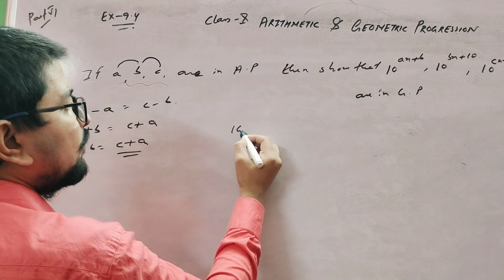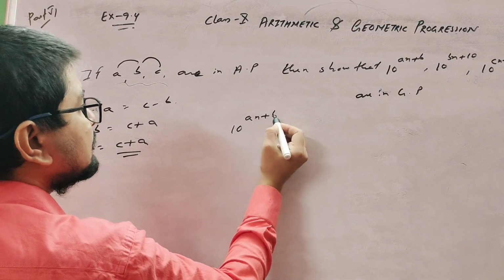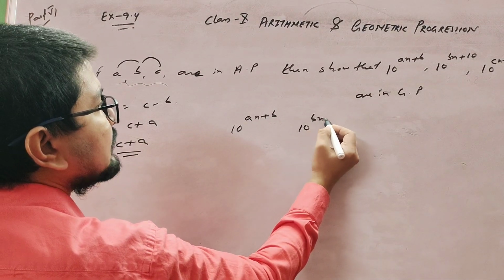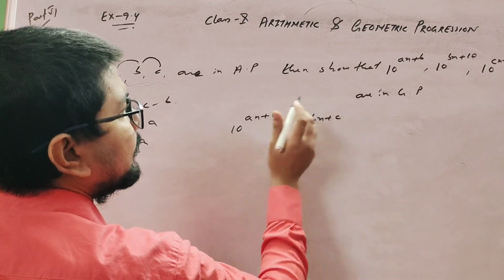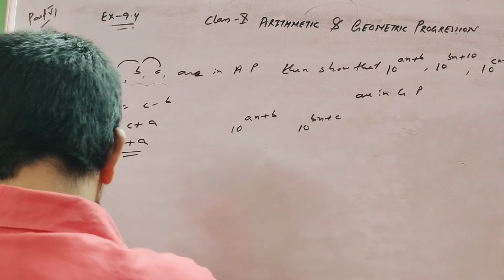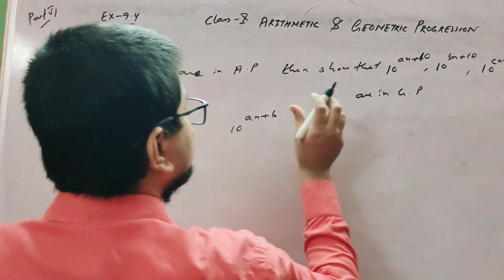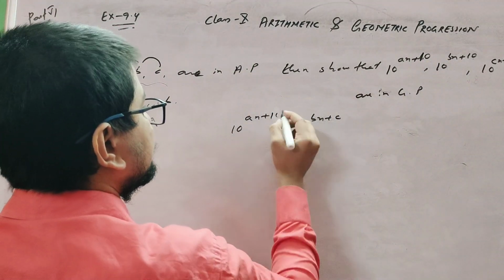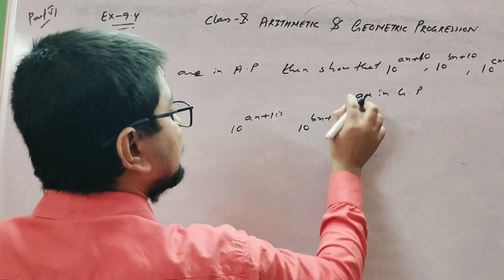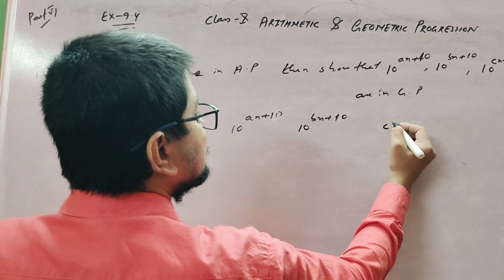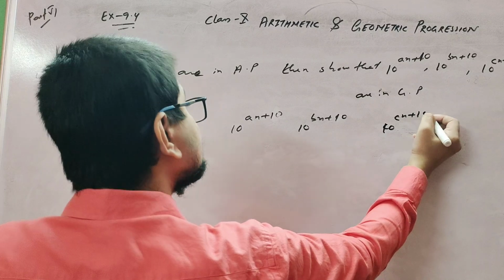Now show that this portion is in GP. So you see what is given here: 10 to the power ax plus 10, 10 to the power bx plus 10 and 10 to the power cx plus 10.